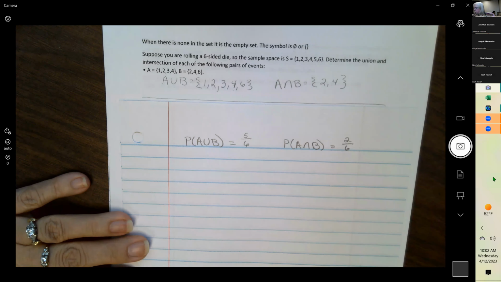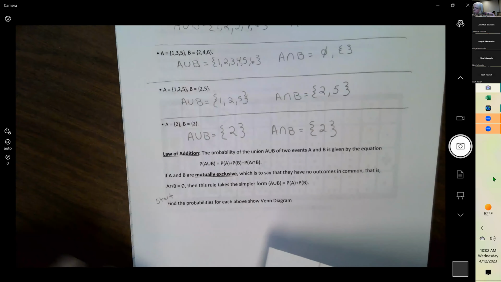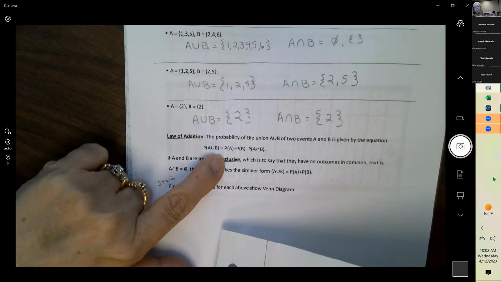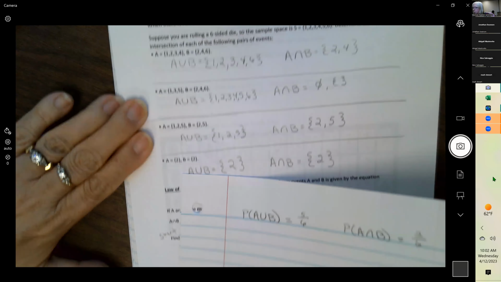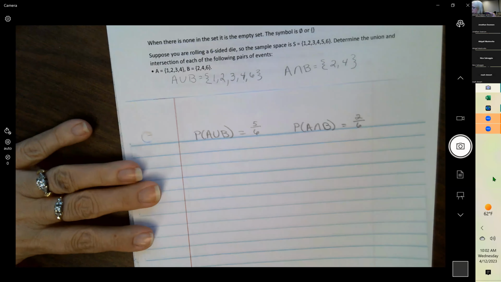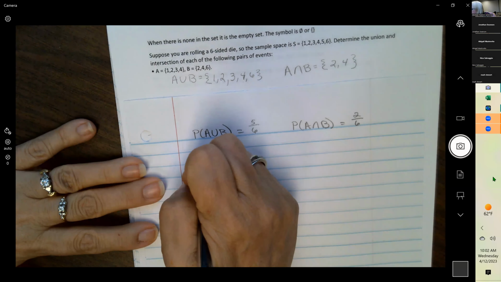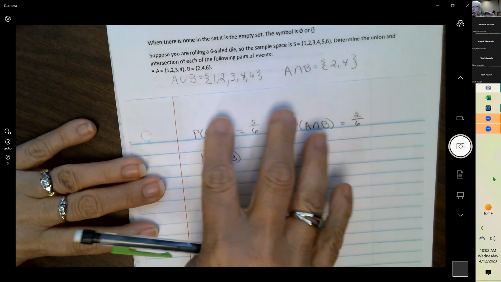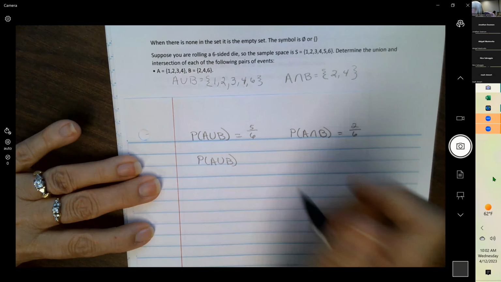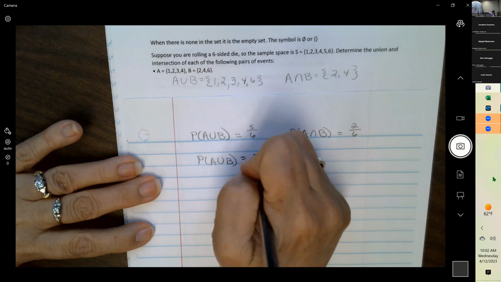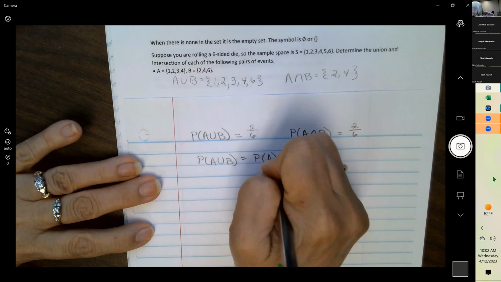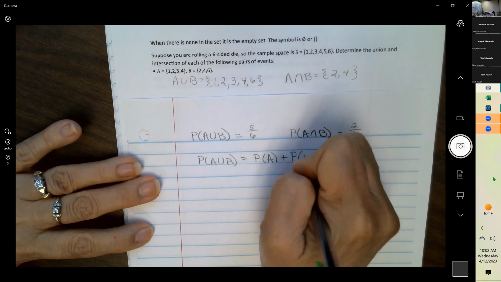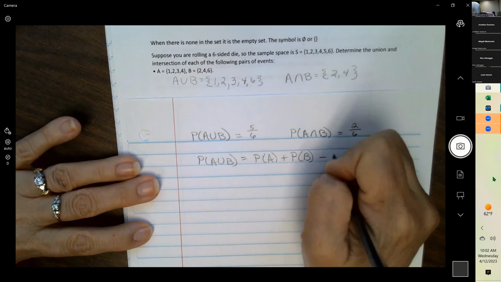Now, if we were going to use the rule, this rule for union, because sometimes you're not given all the values, you're just told the probability of each. The probability using the formula, it's the probability of A plus the probability of B minus their intersection.